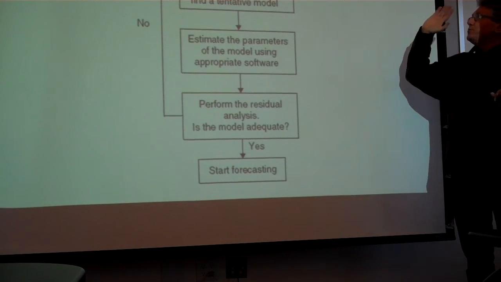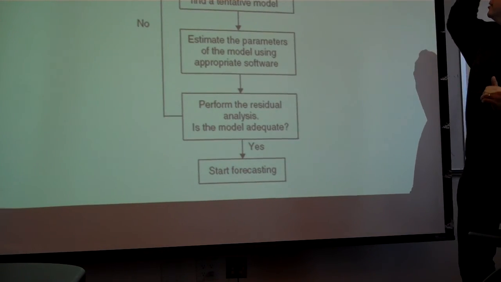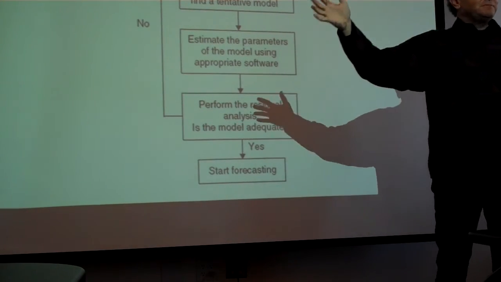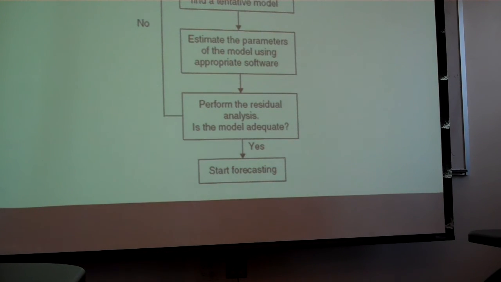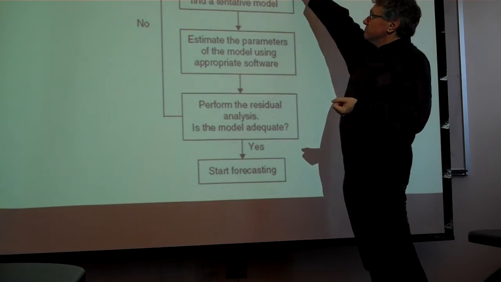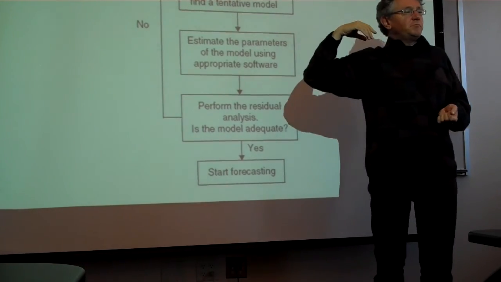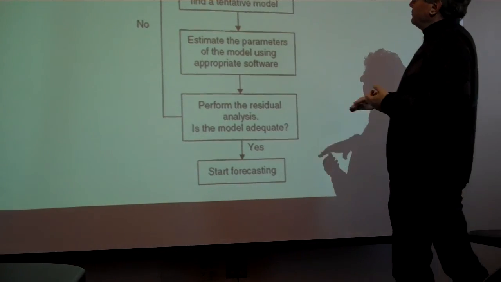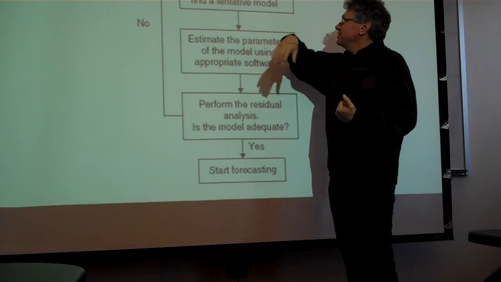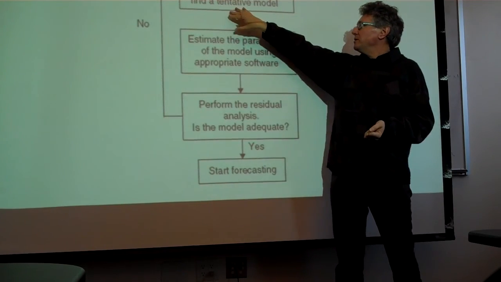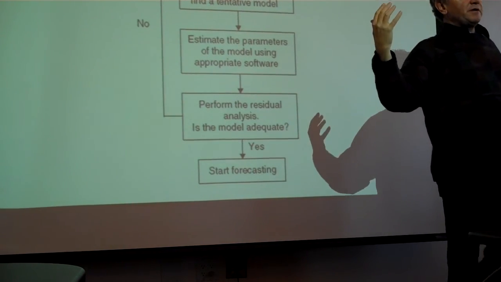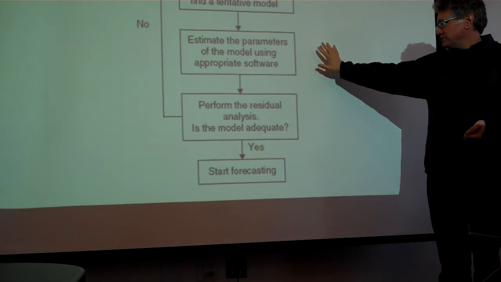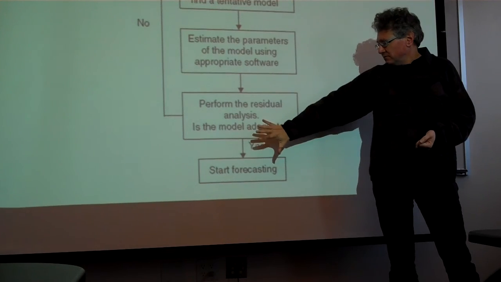So here's the workflow. You have a time series and you want to apply an ARIMA model to it. First, you need to identify how many times it needs to be differenced, if it needs to be differenced. Then, using the ACF and the PACF, find a tentative model, and by model I just mean the P and the Q, how many parameters for each of those processes. Estimate the parameters, and then look at the residuals.